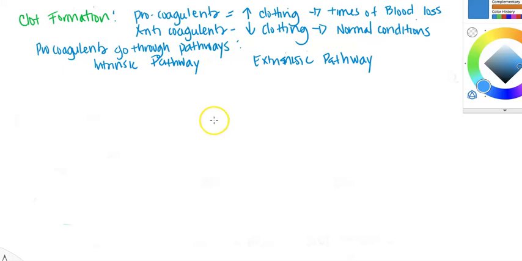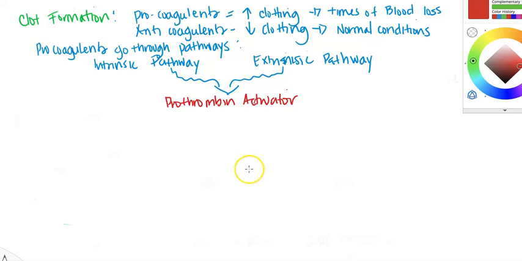So they each have their own little steps, but they both ultimately end up making prothrombin activator. So we're ending up with prothrombin activator.